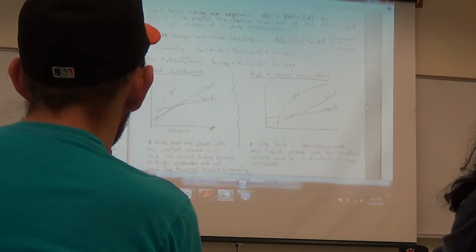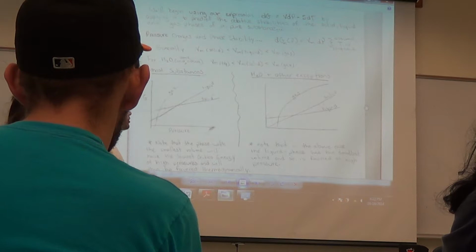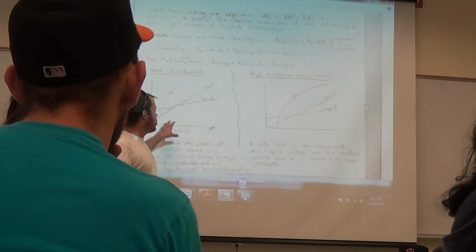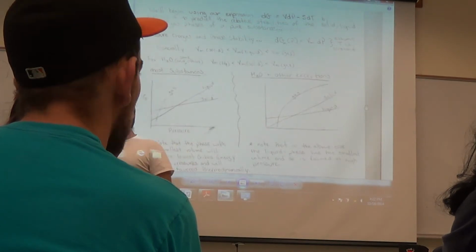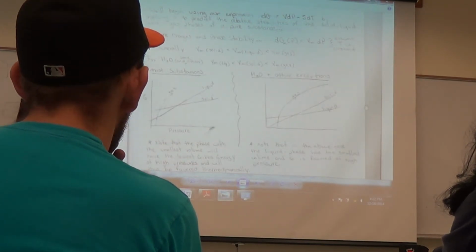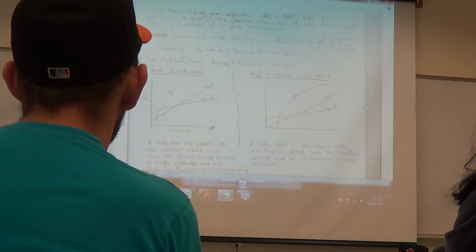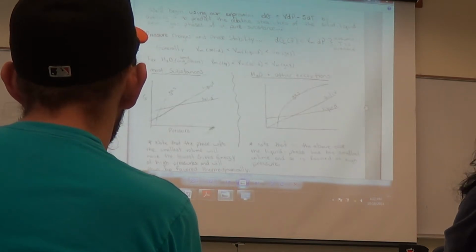Water's a little different. So water and some of those other substances, remember, a slope's proportional to the molar volumes. Which one's larger, the molar volume of the liquid water or the solid water?